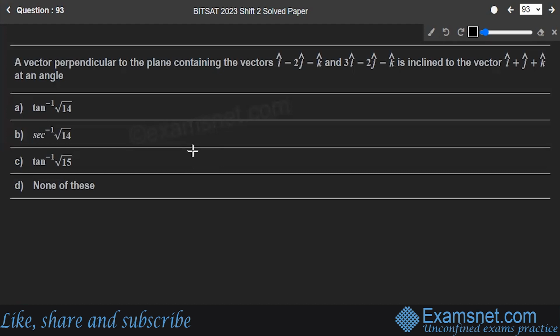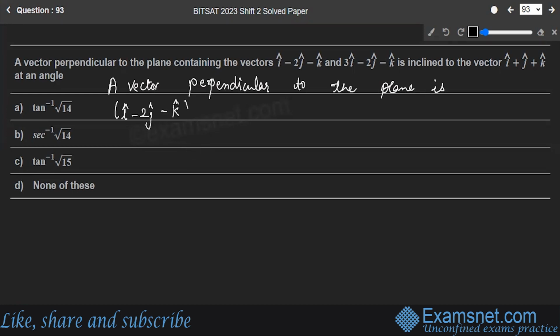A vector perpendicular to the plane containing these two vectors is inclined to this plane at an angle. What is that angle? You have to find out. See, a vector perpendicular to the plane is given by i minus 2j minus k cross 3i minus 2j minus k.